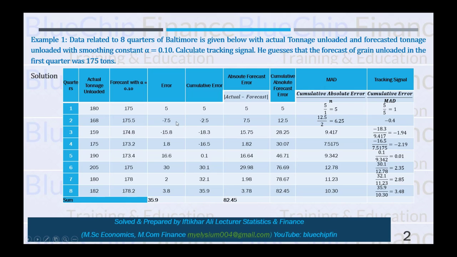So just remove the minus signs from actual minus forecast, and the result will be your absolute forecast error. Just ignore the minus signs and take the sum. The sum is 82.45.